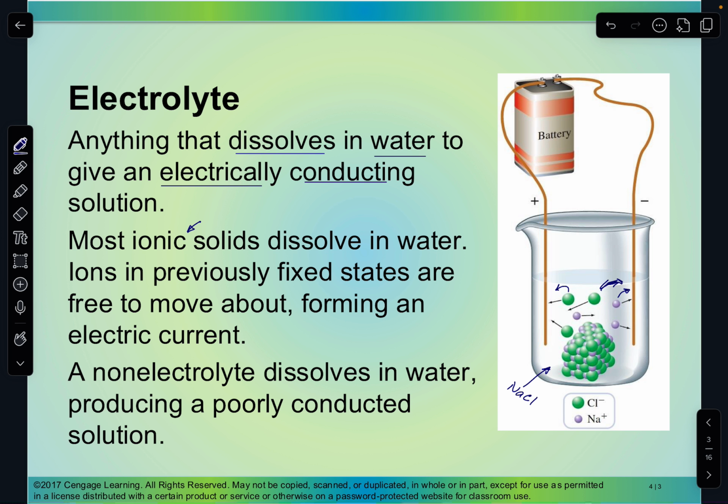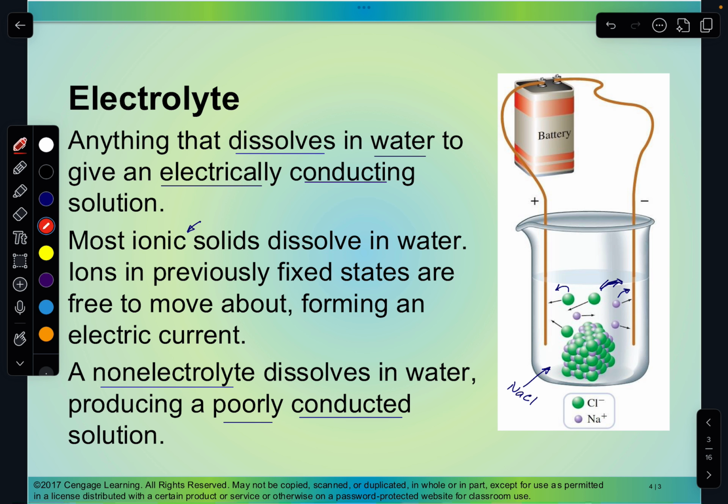So that's what defines an electrolyte, something that goes into water and conducts electricity. Non-electrolytes can dissolve in water, but they do not conduct electricity. So that's the difference. Non-electrolytes do not conduct electricity. Poorly conducting.